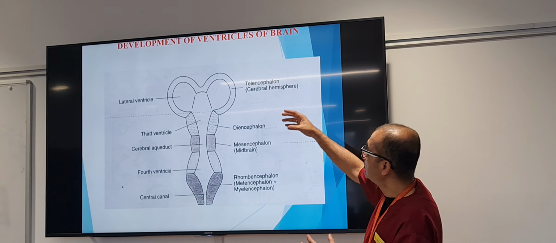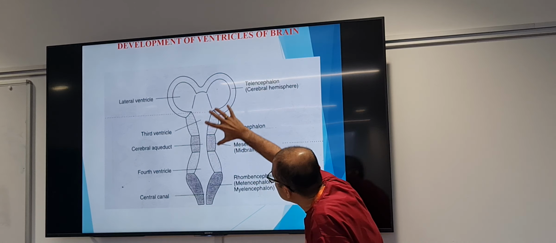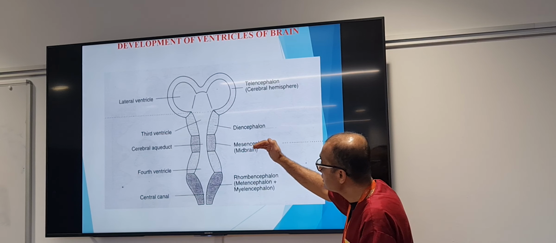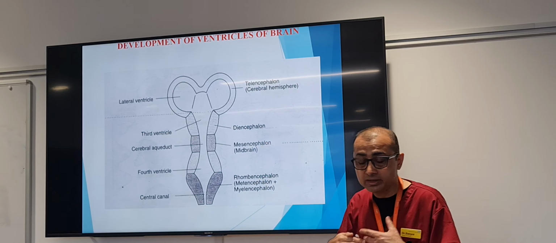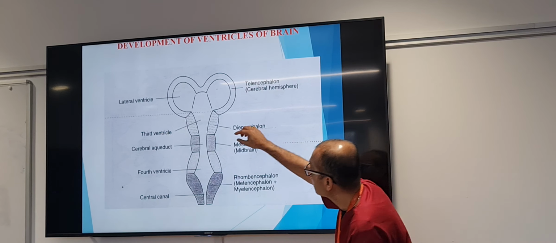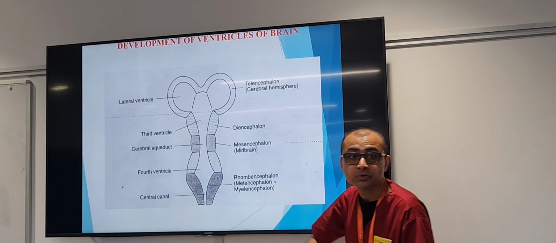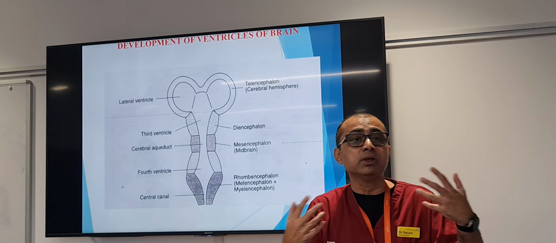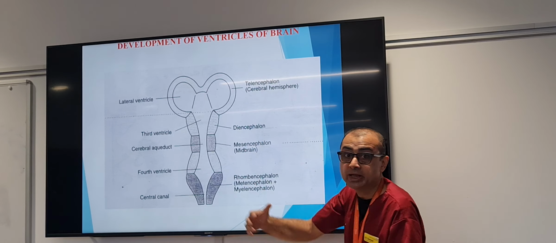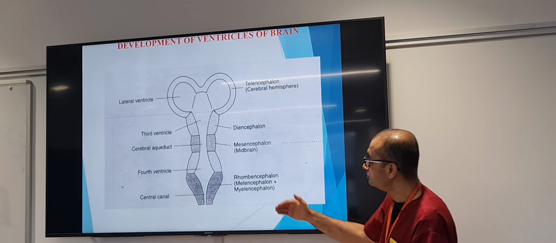Because the aqueduct is the narrowest part of the whole ventricular system, it can get blocked, especially if there is a bleed in the ventricle. When the blood clots, this is the area most likely to get blocked. If that area is blocked, the CSF will still be produced, so you get obstructive hydrocephalus. That's why it's very, very important.